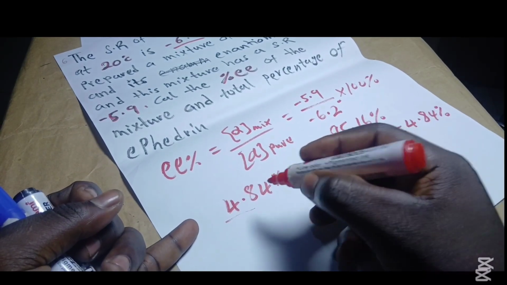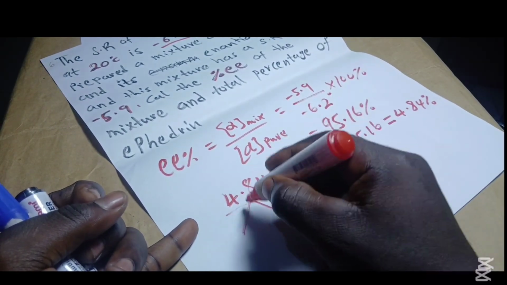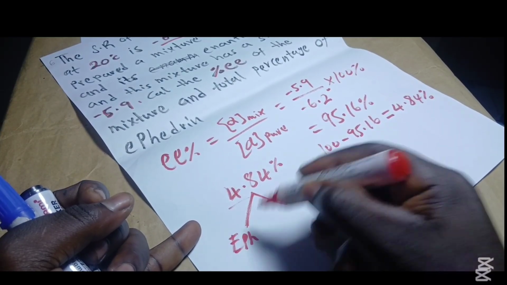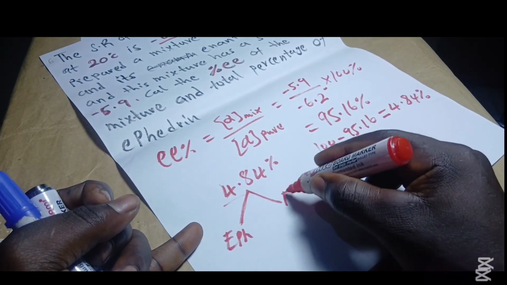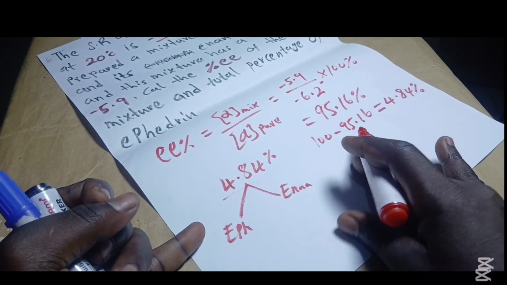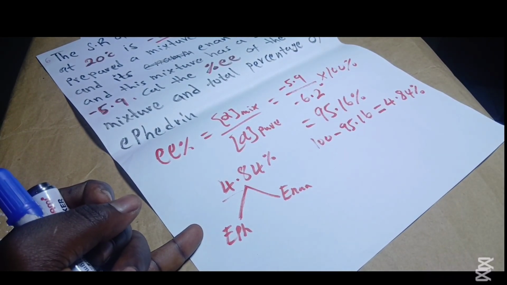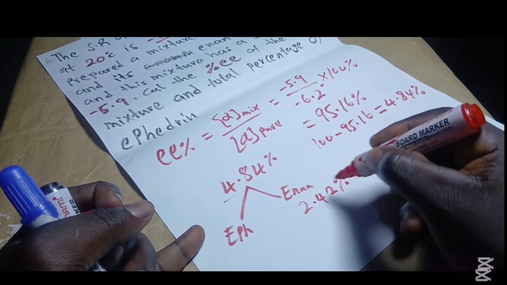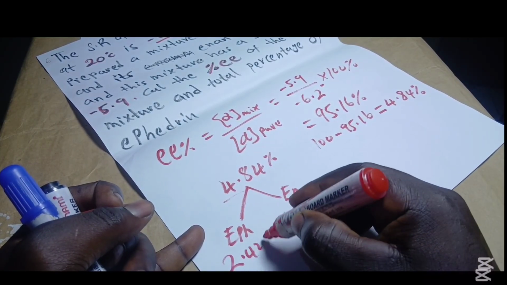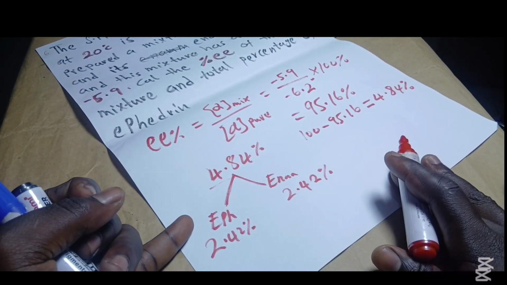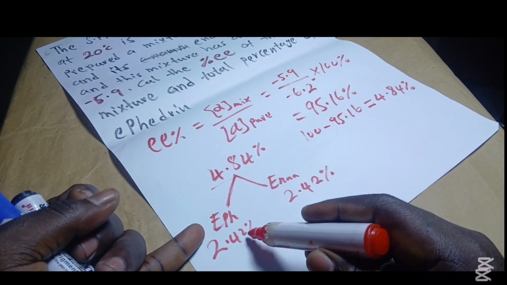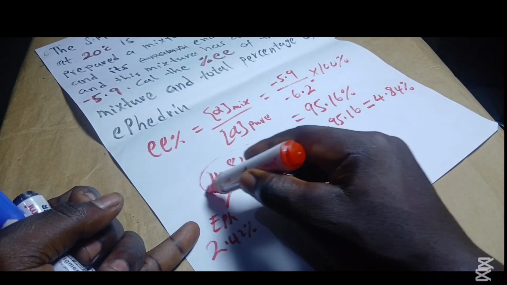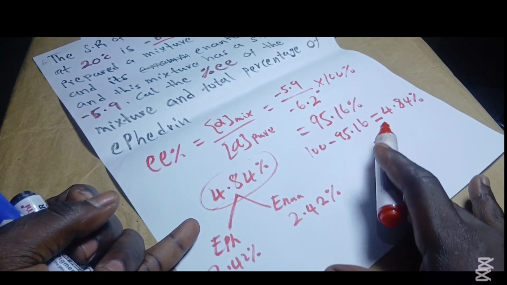So now let's divide this into 2 exactly, and we get that of ephedrine and its enantiomer. Dividing it by 2 gives us 2.42% and here 2.42%. It means that 2.42 of the ephedrine and 2.42 of its enantiomer came together to form a racemic mixture of 4.84%.